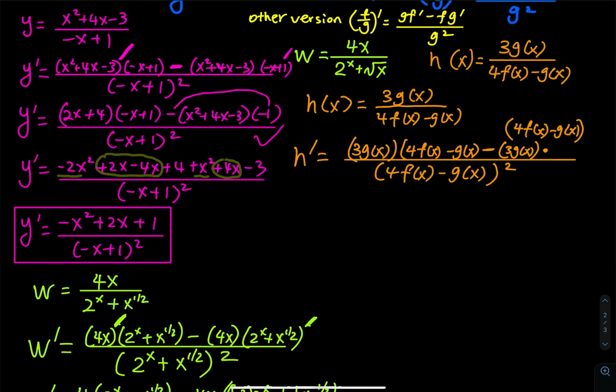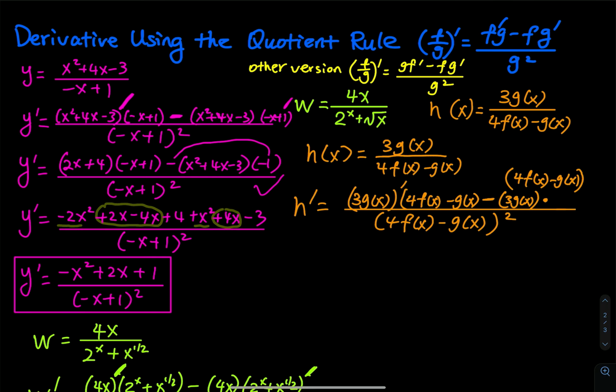First we take the derivative of f, and next we take the derivative of g. So we have h prime of x equals... Okay, how do we take this derivative? The derivative of 3g of x will be 3g prime of x.